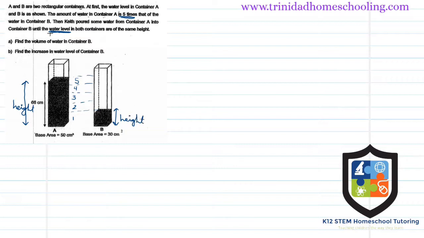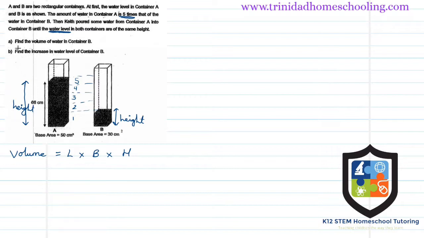Since we are dealing with volume, if we are using the formula for volume, we would have a length times a breadth or width and a height. So every time we talk about water level, we are talking about the height of the water.